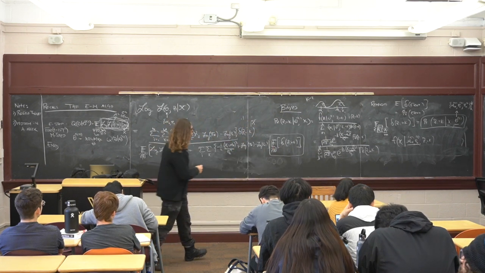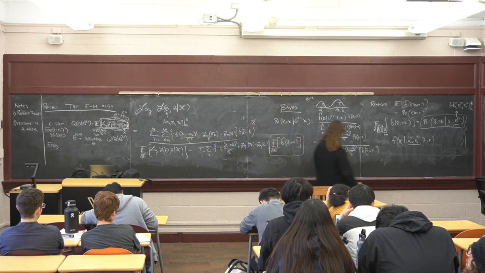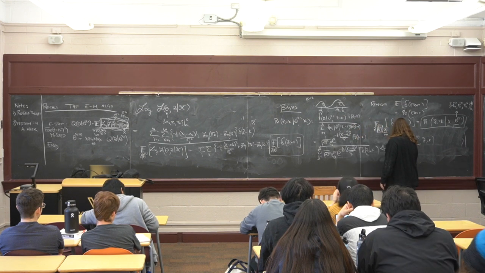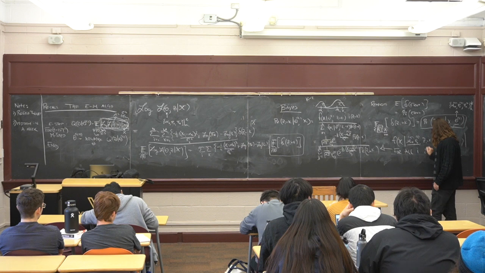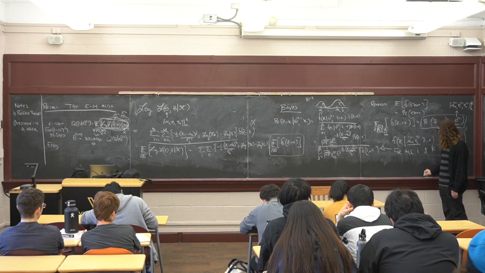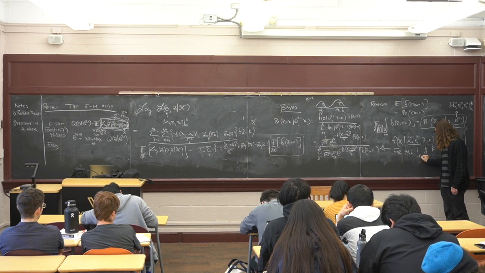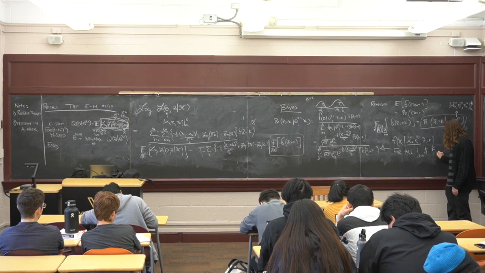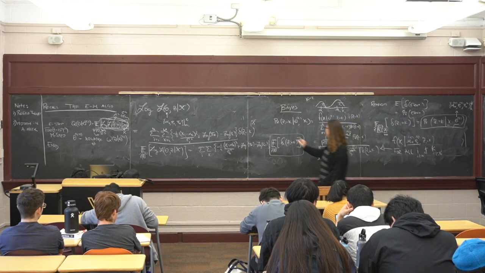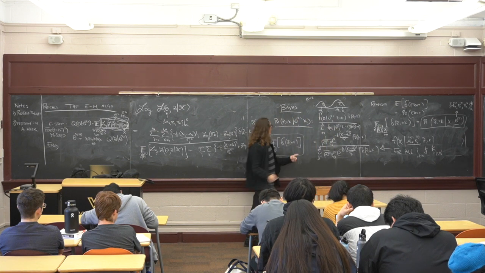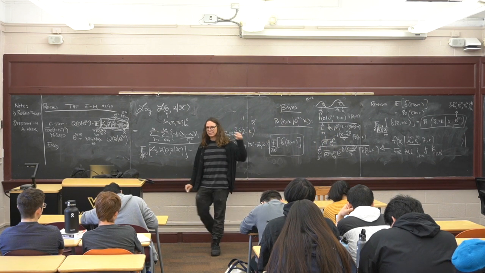So what you're going to do is you're going to do this for all i and k. So i goes from 1 to n, and k goes from 1 to cap K. So I can compute these model probabilities right here for every i and every k.